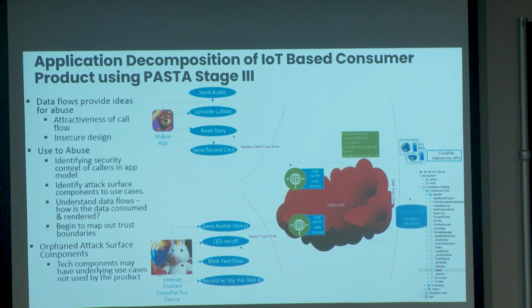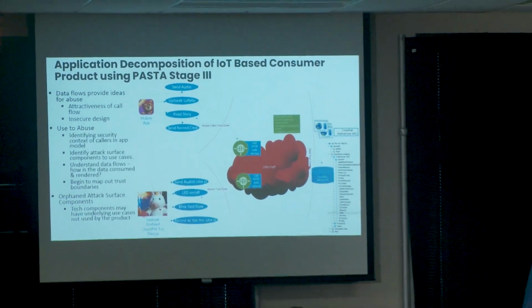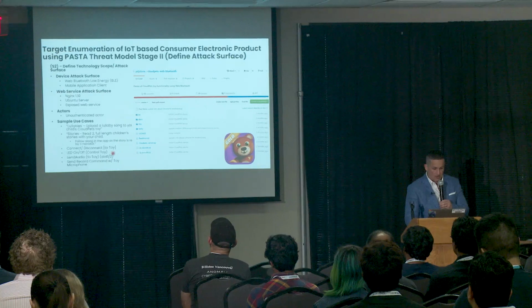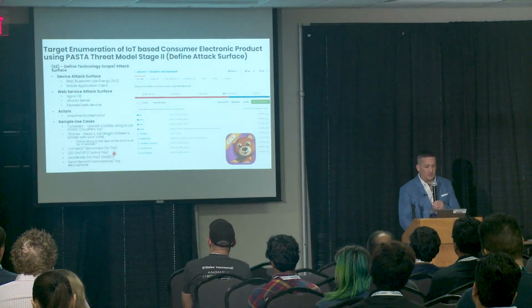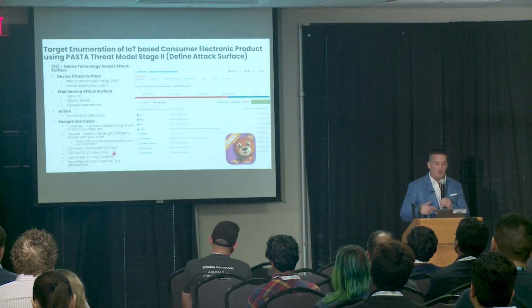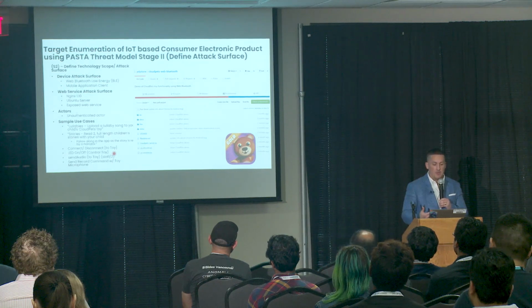For consumer electronics, let's think about what would be a good threat library. For this particular device, I think I had it in one of the prior slides, if we look at some of the use cases and we're thinking about pen testing this, what are some of the abuse cases that we would want to do?